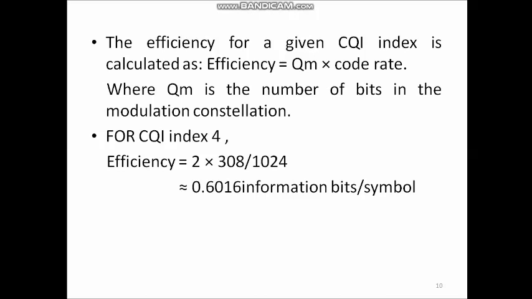For CQI index of 4, you can refer to the previous table: modulation is QPSK, therefore Qm is 2, and code rate into 1024 is 308. But here we need the code rate value, therefore 308 divided by 1024. Therefore efficiency for CQI index 4 is 2 into 308 by 1024, which gives the value 0.6016 information bits per symbol.